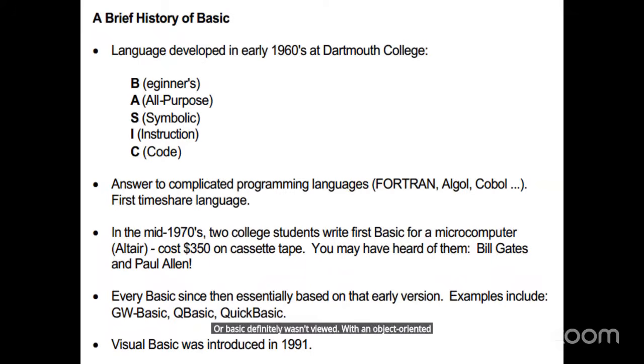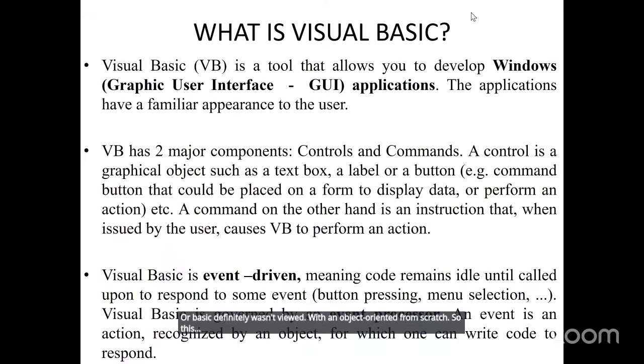So this is a typical illustration of Visual Basic. It's a tool that allows you to develop Windows graphical user interface applications. What this is saying is that there are other programming languages, like we saw, that might not have the graphical user interface properly put, because this is purely event-driven.